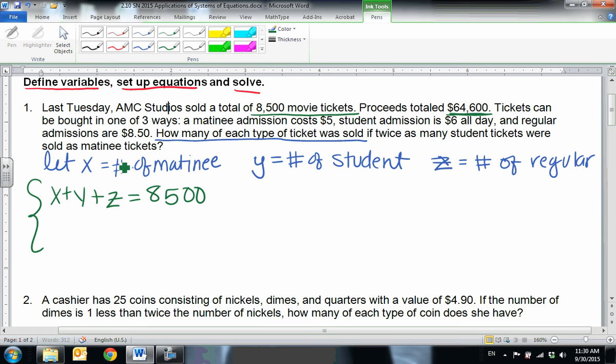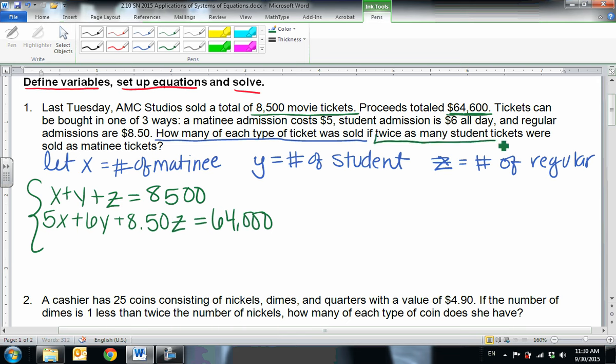How much did each matinee ticket cost? So 5X plus, how much did each student ticket cost? So 5X plus 6Y plus 8.50Z is going to equal 64,600.